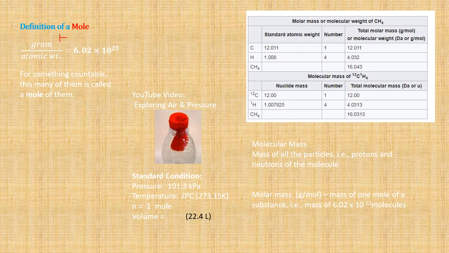If I want to know how many hydrogen atoms there are, I know the hydrogen atom has an atomic weight of approximately 1.67 times 10 to the negative 27 kilograms, which is also the mass of a proton or neutron. And 1 gram is 10 to the negative third kilograms. So you divide, using your calculator.